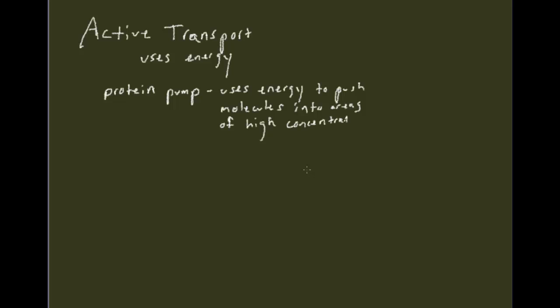Okay, so in other words, it's doing the opposite of diffusion. Diffusion happens naturally, right? You have a high concentration, you have a whole bunch of something, it's going to spread out to areas of lower concentration. Well, the protein pump uses energy so it can move stuff into areas that already have a high concentration. Okay? So it's doing the opposite of diffusion. And because of that, it uses energy.